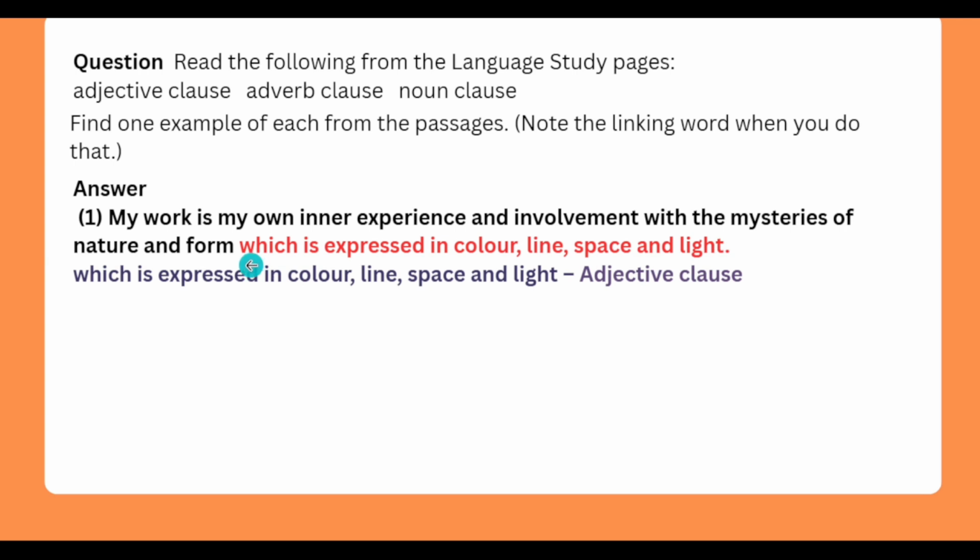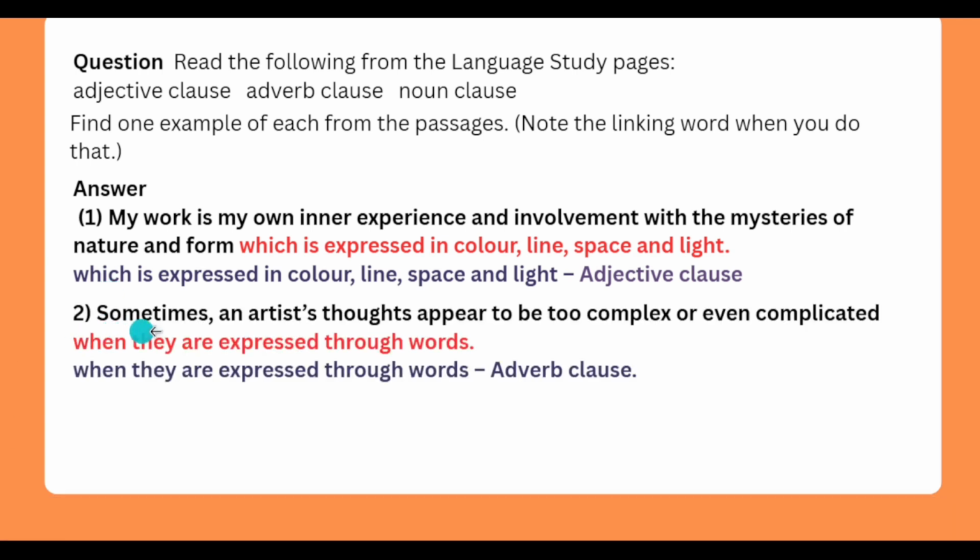In this sentence, adjective clause is which is expressed in color, line, space, and light. Subordinate adjective clause always begins with a subordinating conjunction. Here the subordinating conjunction is which, or we can say that it is the linking word.